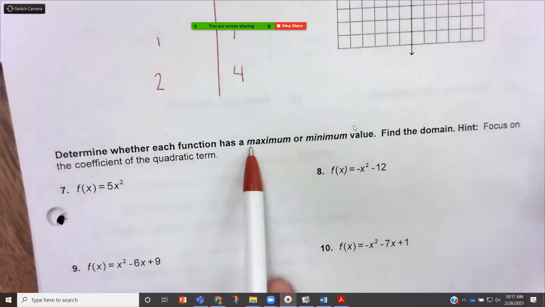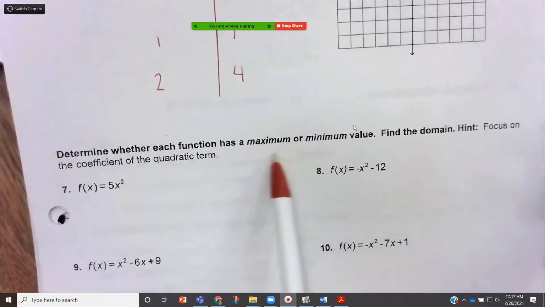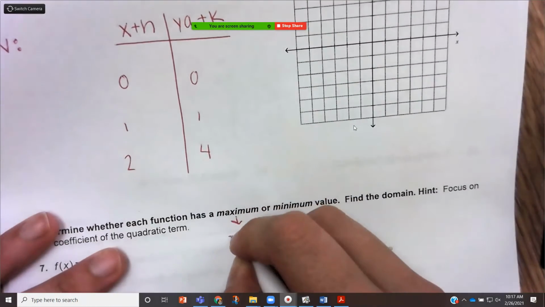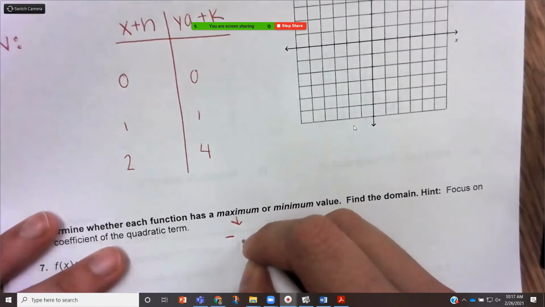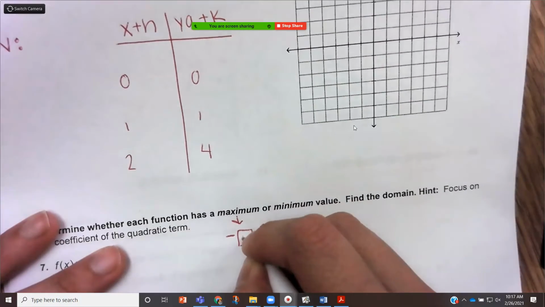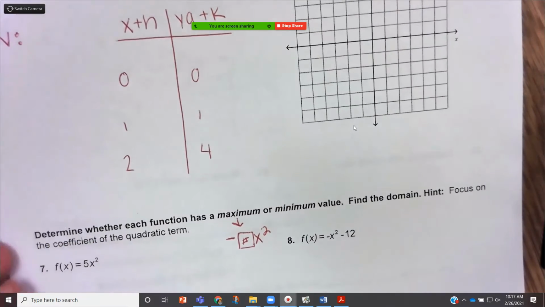Okay, determine whether each function has a max or a min. So a graph will have a max if it's a negative on the x squared term. There can be a number in here, it can just be x squared.